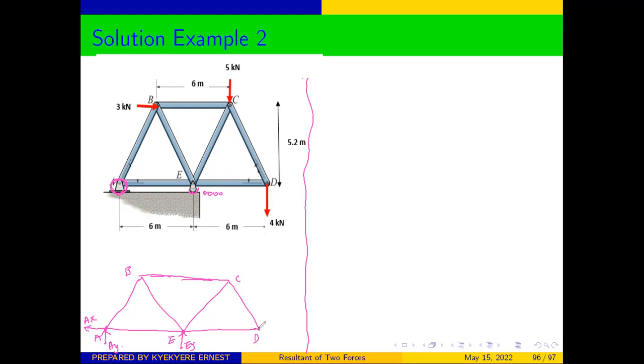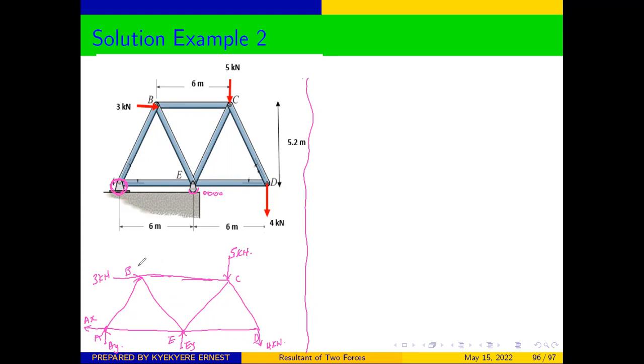And we have a force at D already. We are told that it's 4 kilonewtons. We also have another force at C. We are told that it is 5 kilonewtons. And we have another force horizontally at D, and we are told that it is 3 kilonewtons.